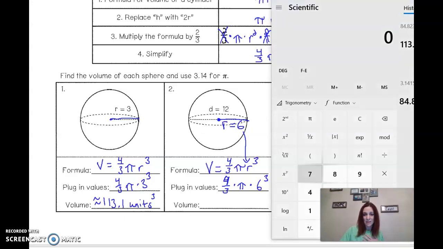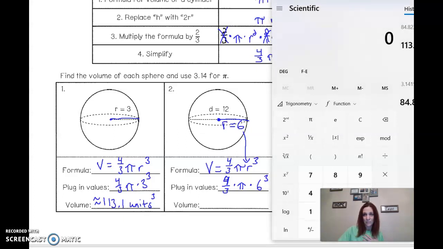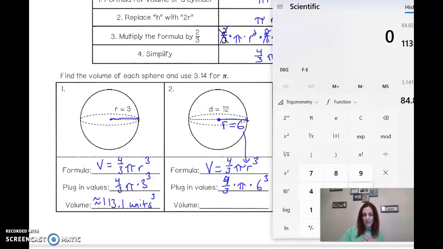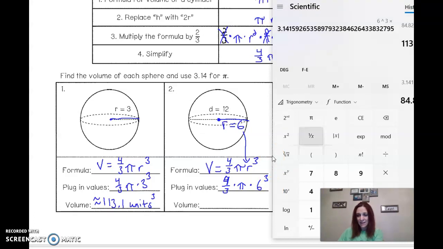Let's go 6 raised to the third times 216 pi times, and then parentheses, 4 divided by 3, close parenthesis.